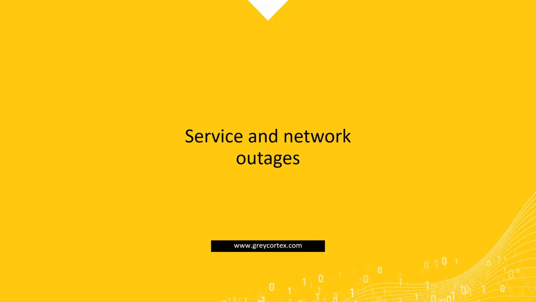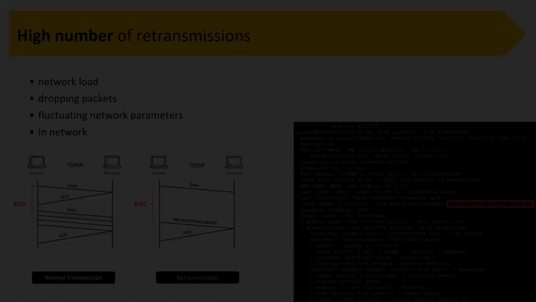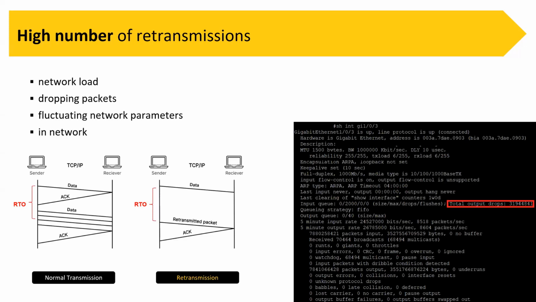So let's see what we can see on, for example, a high number of retransmissions. Like you all know, in this example you can see to the left there is data transmitted with the sequence number, and there is an acknowledge with the same sequence number, so the sender knows to send the next data package.